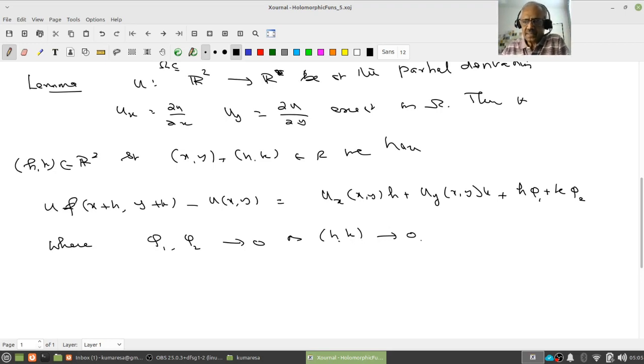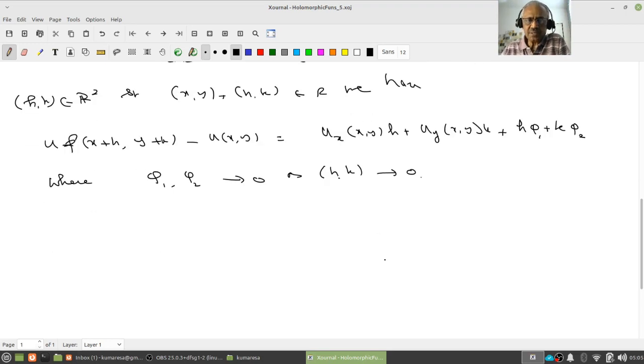Again, to make you understand, think of this as a mean value theorem.